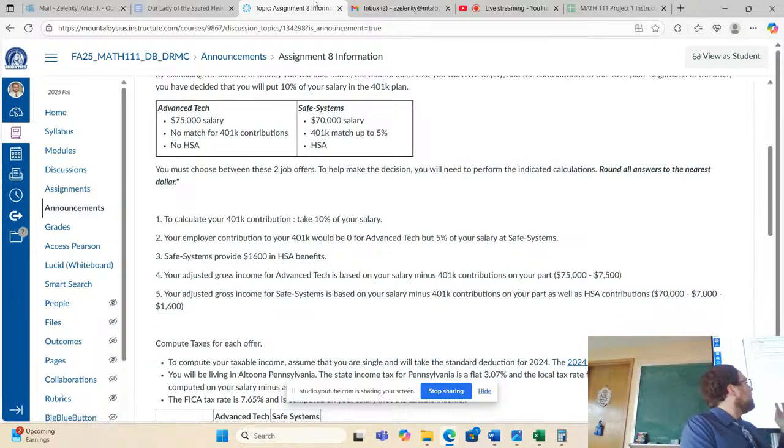But then once you get that, adjusted gross income is going to be however much you make minus what you put in for the 401k.